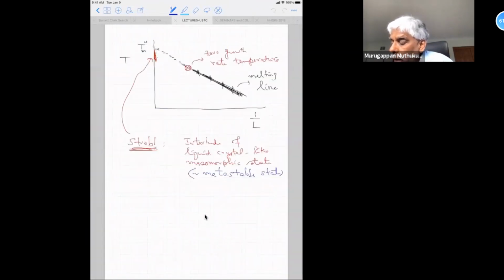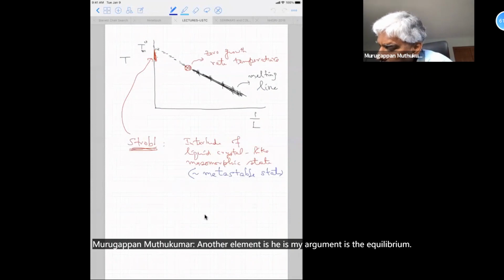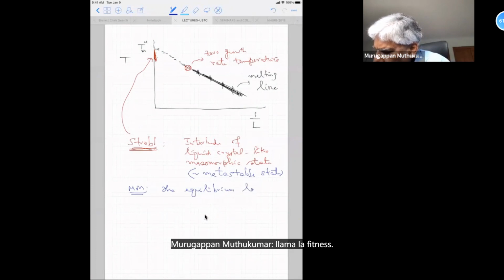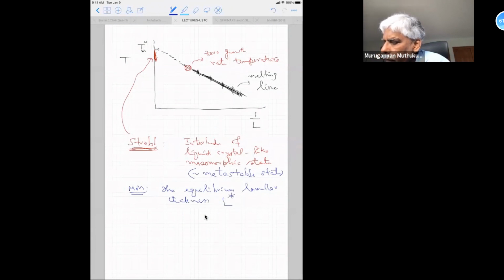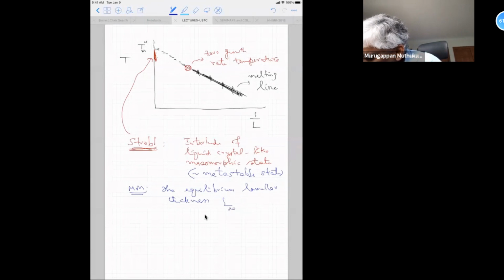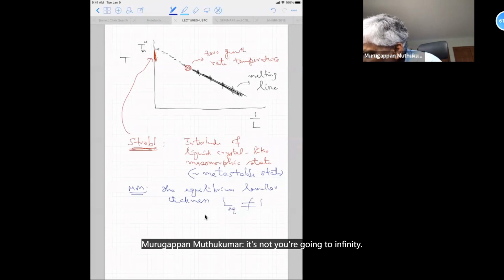Then another argument, this is my argument, is the equilibrium lamella thickness, let me call it L star, or I can even call it L equilibrium. L equilibrium is not L going to infinity.